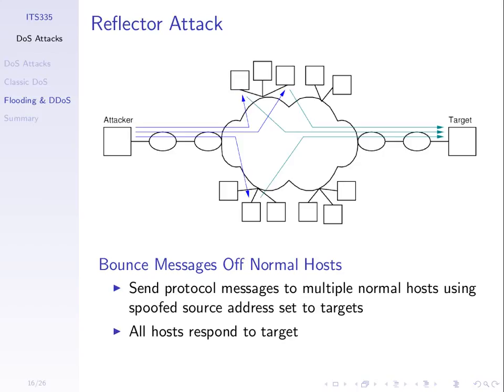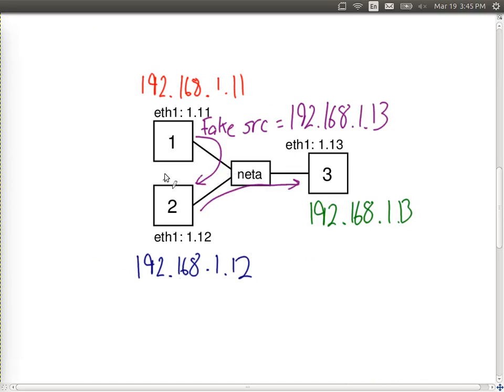And I think we'll finish with this last one, the reflector attack. Remember when we use a fake address, what happened with our demo that we used?